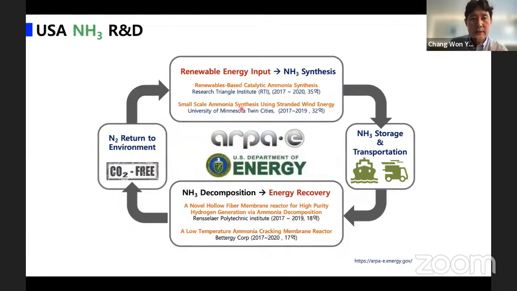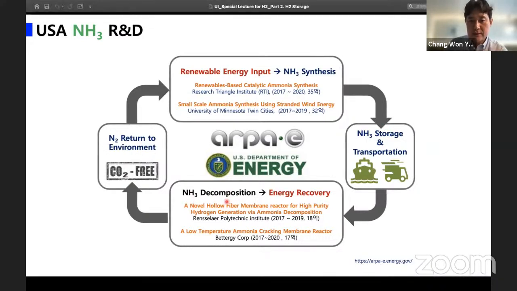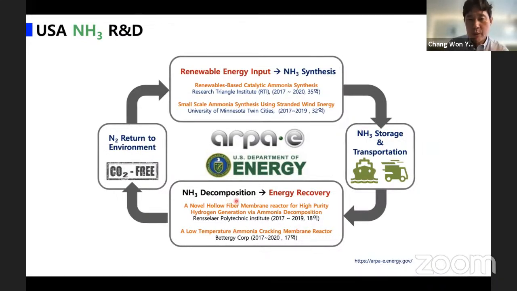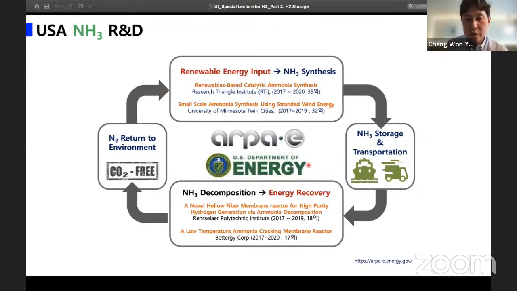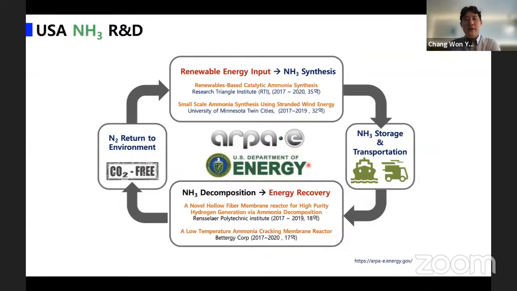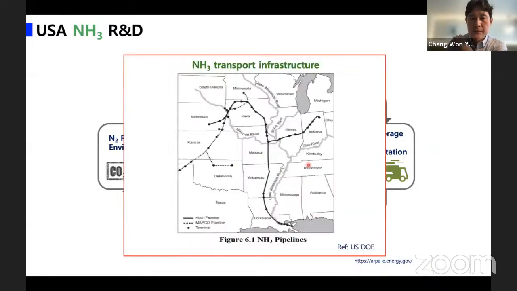And in the United States, ammonia R&D is going on here, using renewable energy to produce ammonia electrochemically, and the ammonia is stored and transported, and then ammonia decomposition. This is a thermal decomposition way to produce hydrogen, which means it's energy recovery, and to achieve this total cycle based on ammonia, they want to use ammonia as a hydrogen carrier.